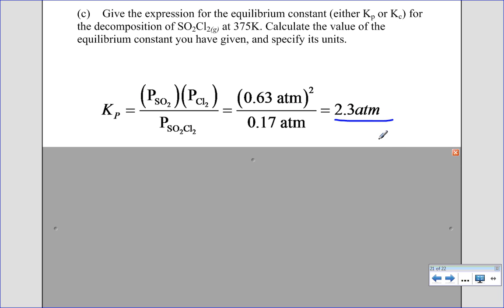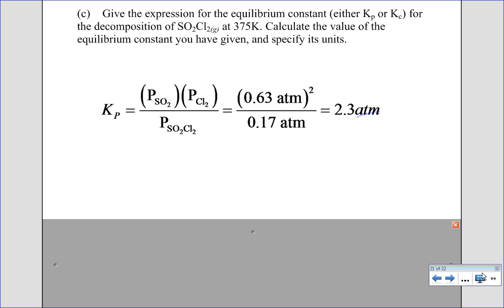And this would be in atmospheres, because the top would be atmospheres squared, and in the bottom we would have just atmospheres. So we end up with one left over. Usually we do not write any units for K, so I only did it because they specifically asked for it.